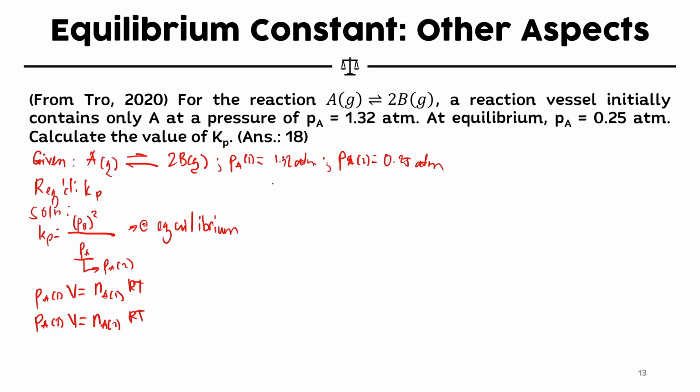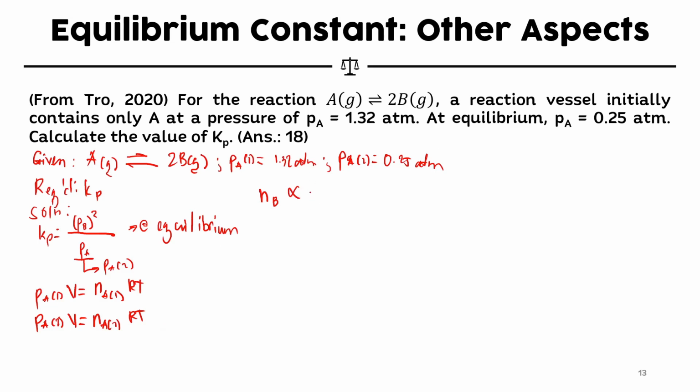Now we know that the number of moles of B produced in the reaction is equal to, or can be related to, the number of moles of A lost during the establishment of the equilibrium.